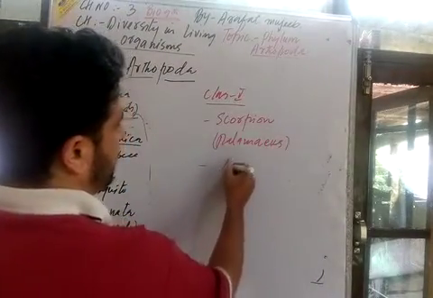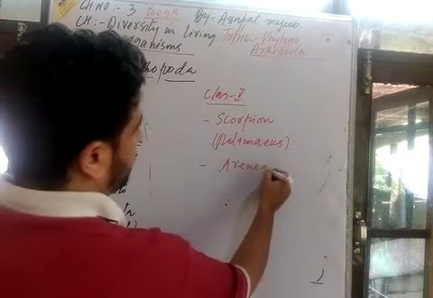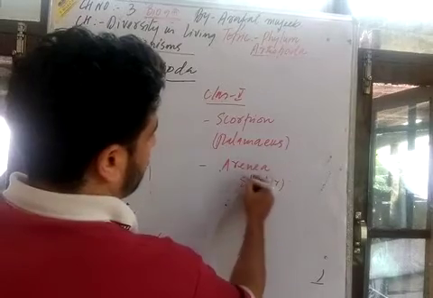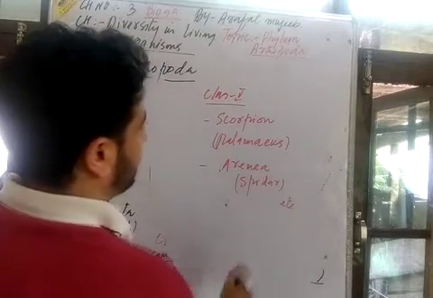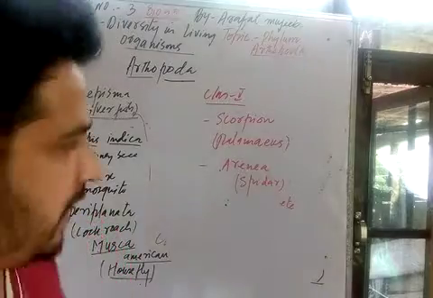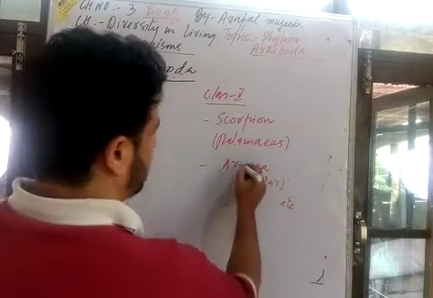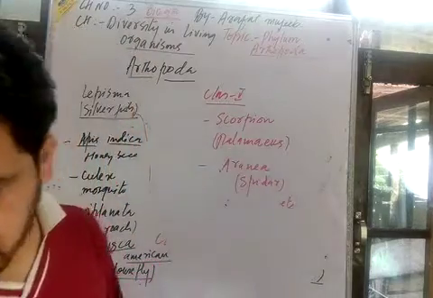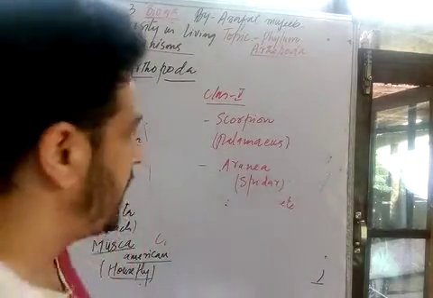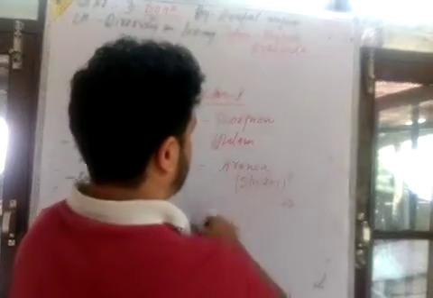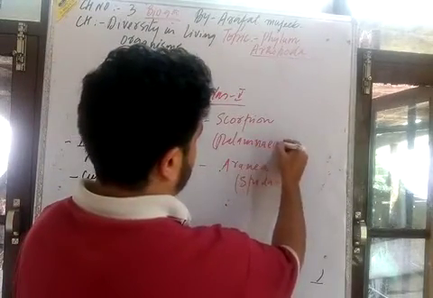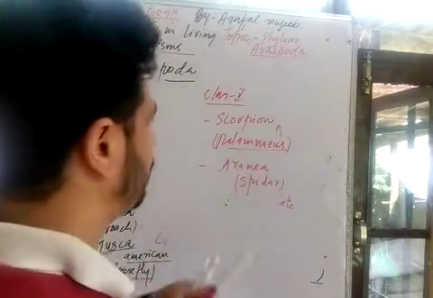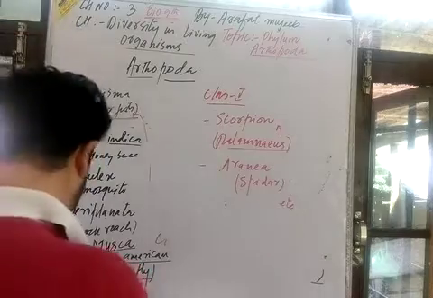And then is Aranea, that is the spider. और भी example इसमें है. Aranea spider commonly. Then is the Palamnaeus, that is known as the scorpion. This is the class fifth.